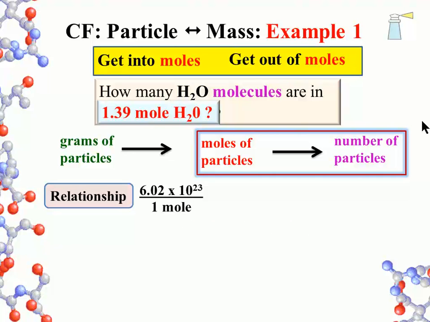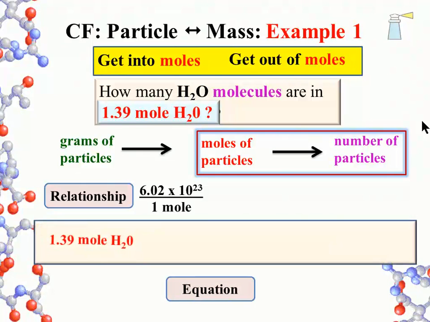From the introductory lecture on moles, we see that it is the definition of a mole. 1 mole equals Avogadro's number, and as written here, is a unit factor. Writing out the equation has us adding the current units on the left, 1.39 moles, and the desired units, molecules of water, on the right-hand side.